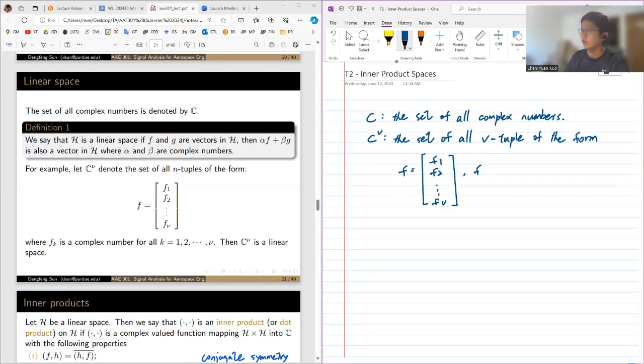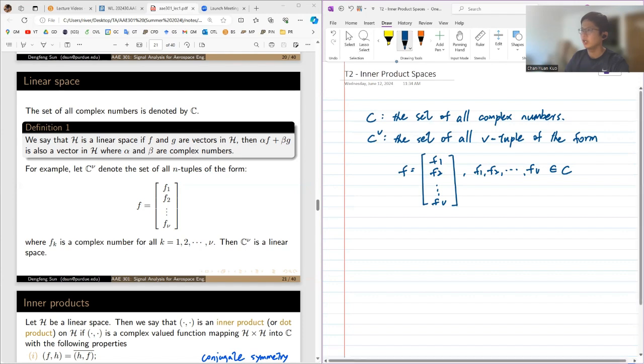And here F1, F2, all the way to Fn are complex numbers, and n is just a positive integer.